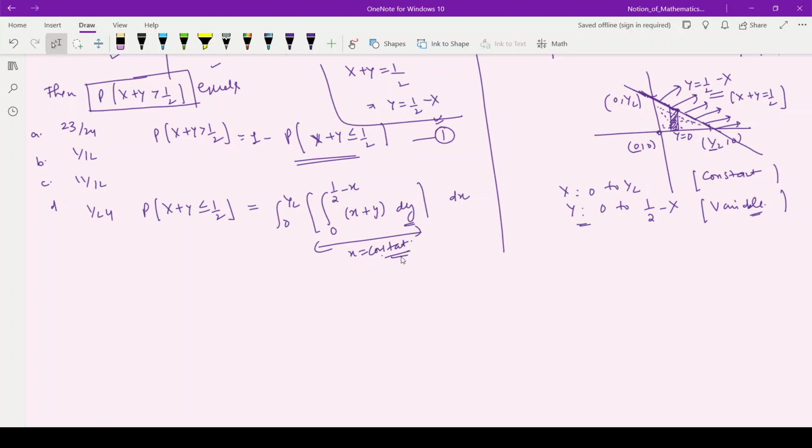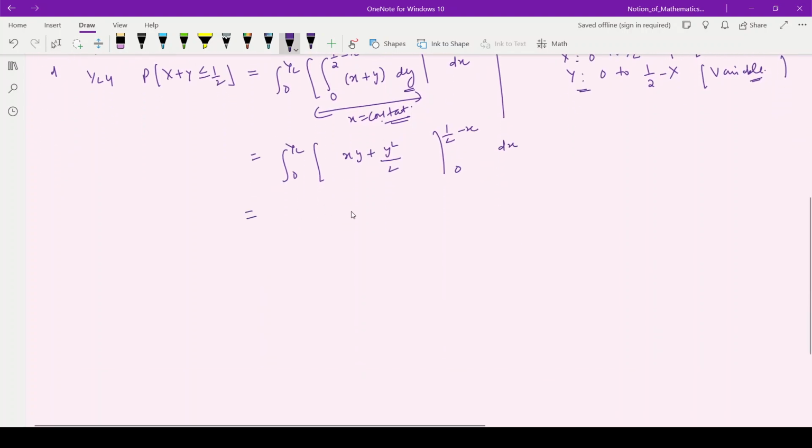So if I solve it, it will be xy plus y square by 2, from 0 to 1 by 2 minus x, and then 0 to 1 by 2 and dx. So we will try to solve this integration. Only the upper limit will work here, the lower limit will not work because it is 0. So it is x into 1 by 2 minus x plus 1 by 2 into 1 by 2 minus x whole square dx, from 0 to 1 by 2.